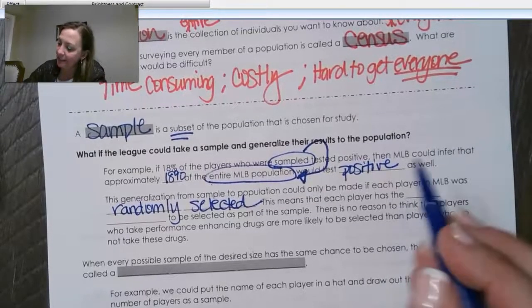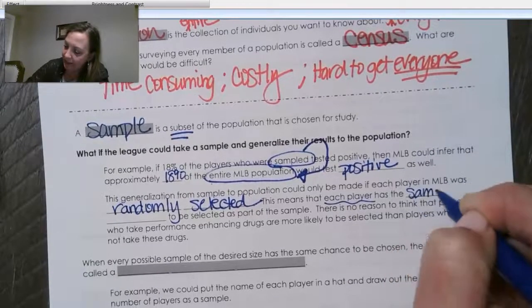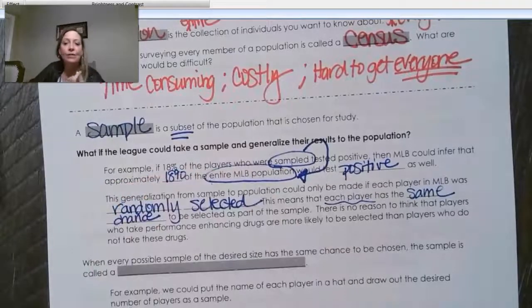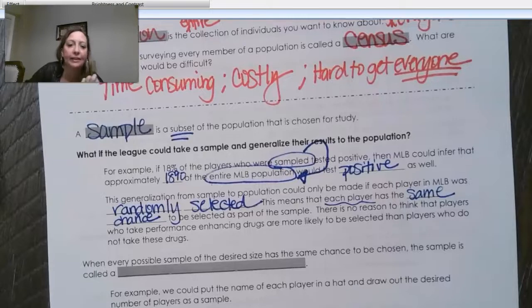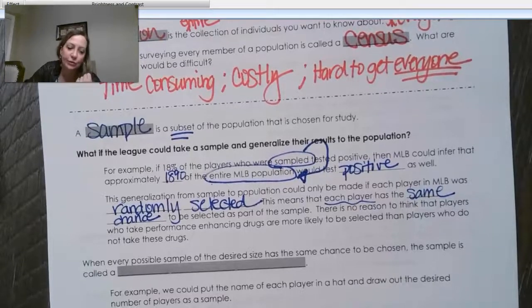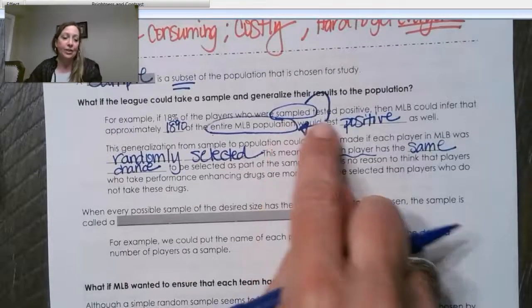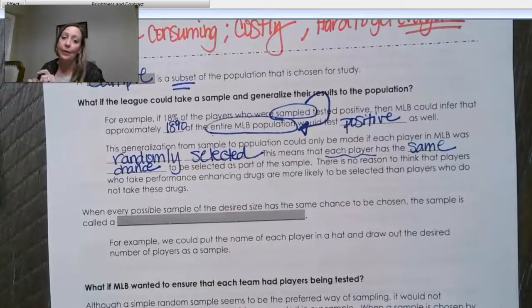And what that means is that each player has the same chance to be selected as part of the sample. And then that way there's no reason to think that players who take performance-enhancing drugs are more likely to be selected than players who do not take these drugs. So again, we can apply this idea of sample to population if our selections were random.